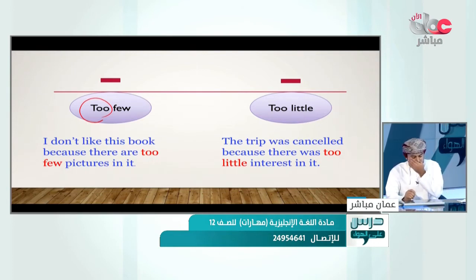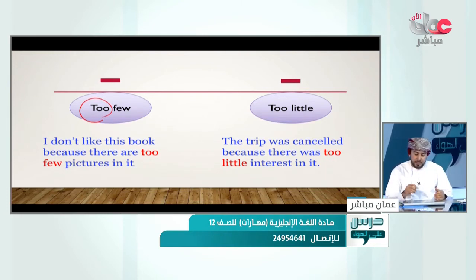So in general, too few and too little express the negative meaning, that he got less than he expected.